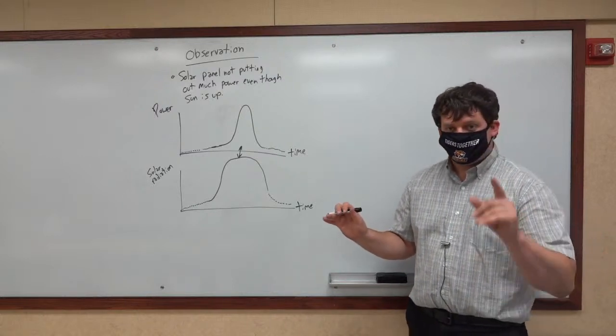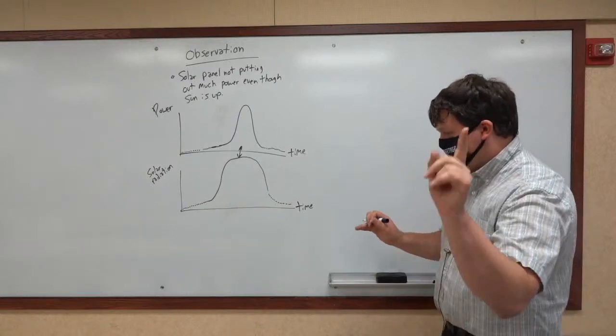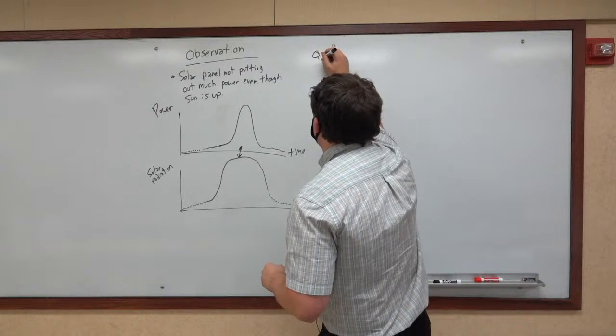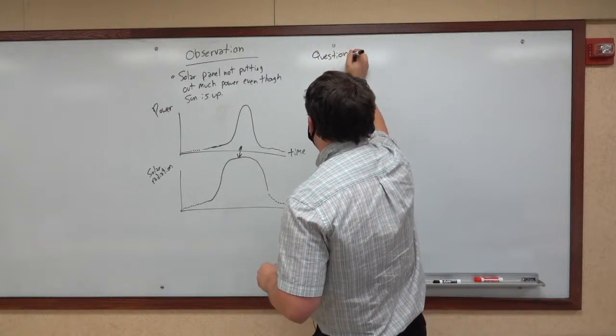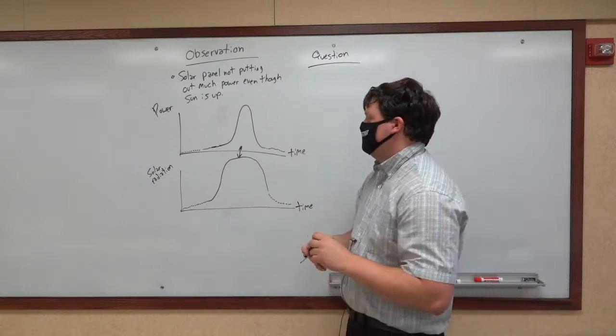Background knowledge. Yeah. Background knowledge and ask a question and do research. So what we'll do now is we'll ask a question. What question would really encompass the observation that we made here?